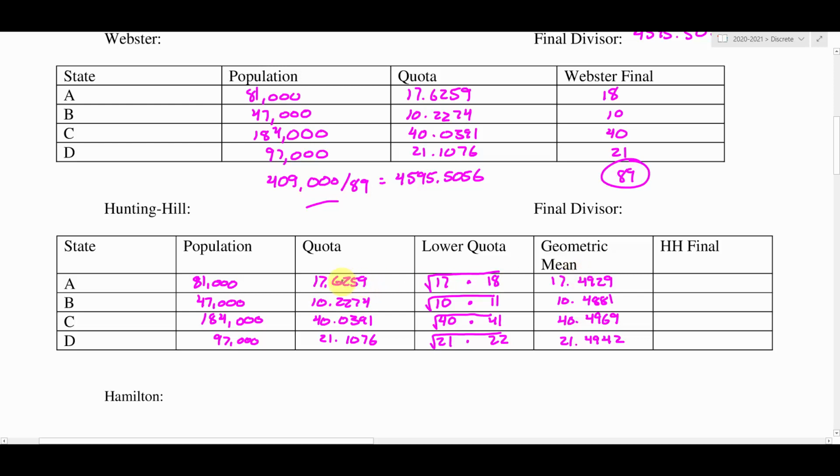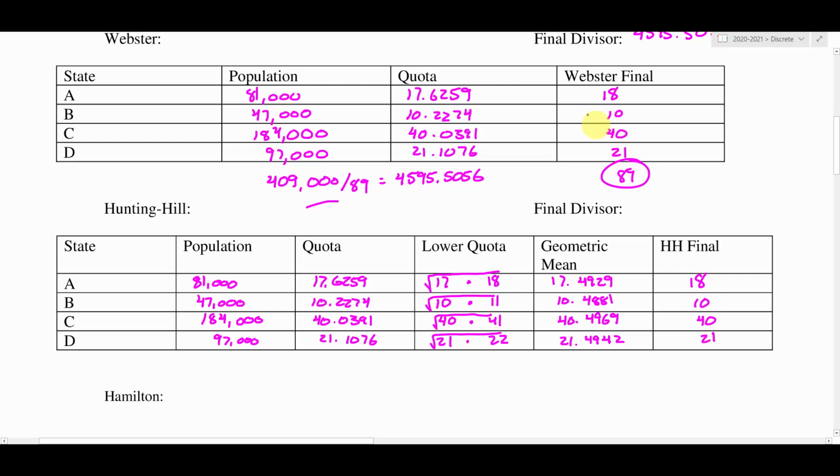Okay, so 17.62 is more than 17.49, so this is going to round up to 18. 10.22 is less than, so this is going to stay at 10. 40.0391 is less than 40.49, so this one will stay at 40, and this one will stay at 21.